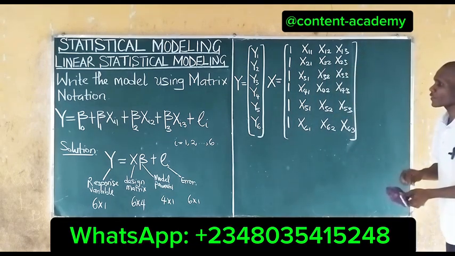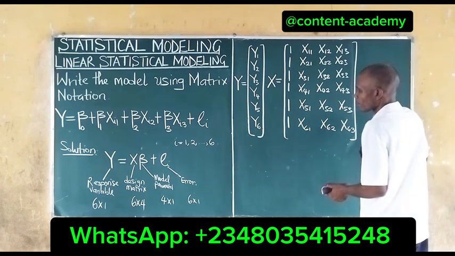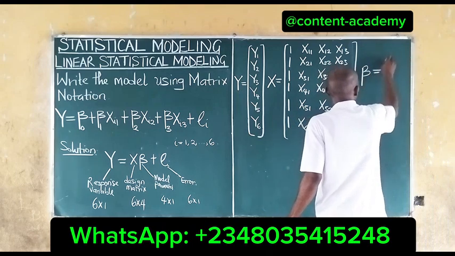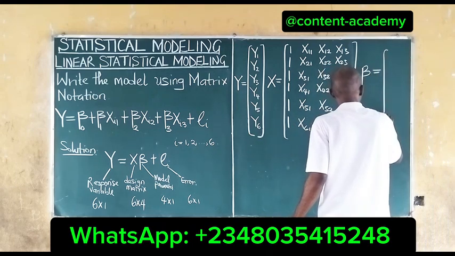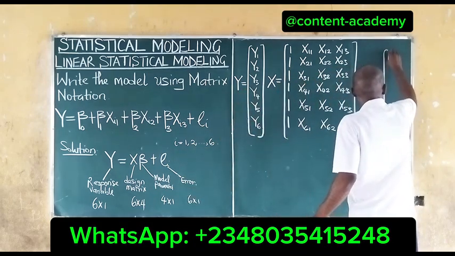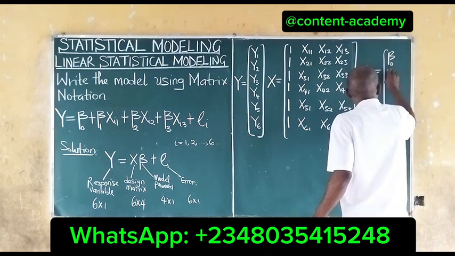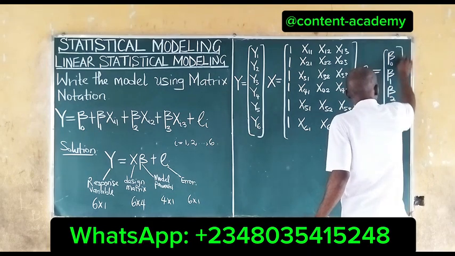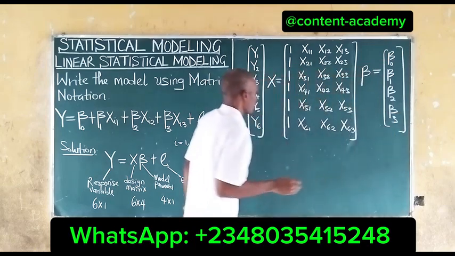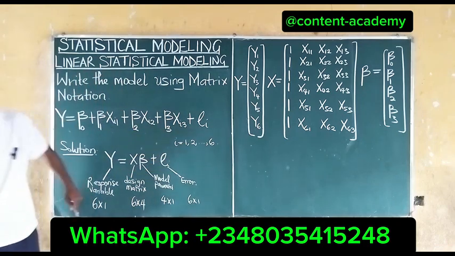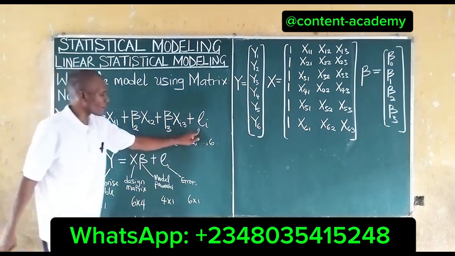Now, the next one is our model parameter, which is b. We said b is a 4 by 1 matrix. So we have b0, b1, b2, and b3. And the last one we have is our error term, which is the random error.